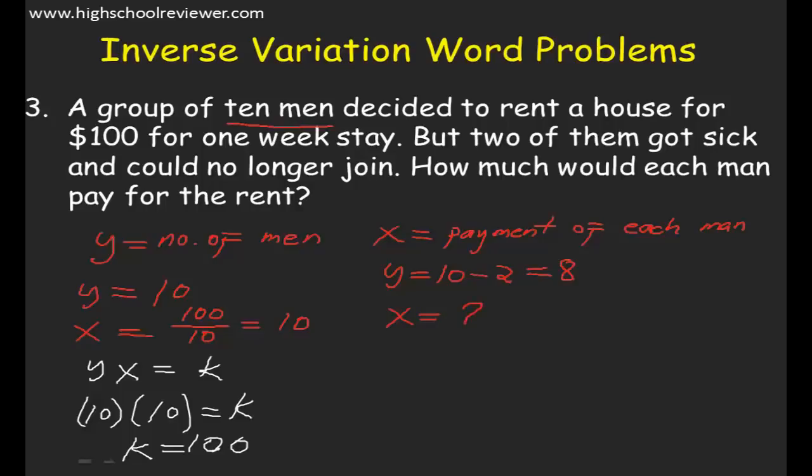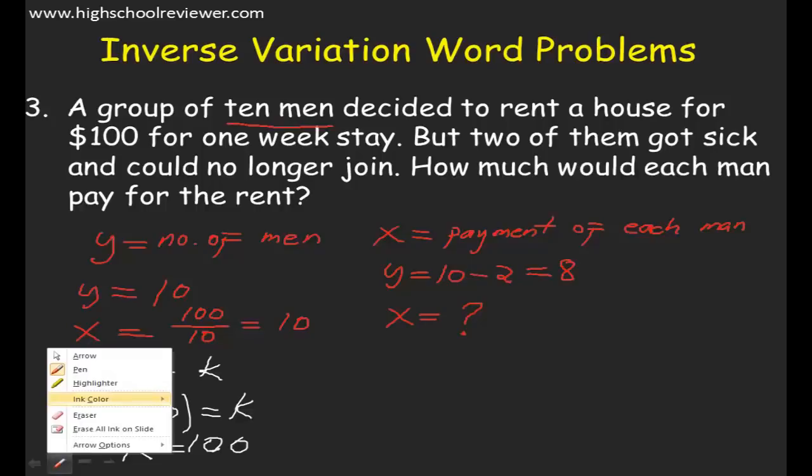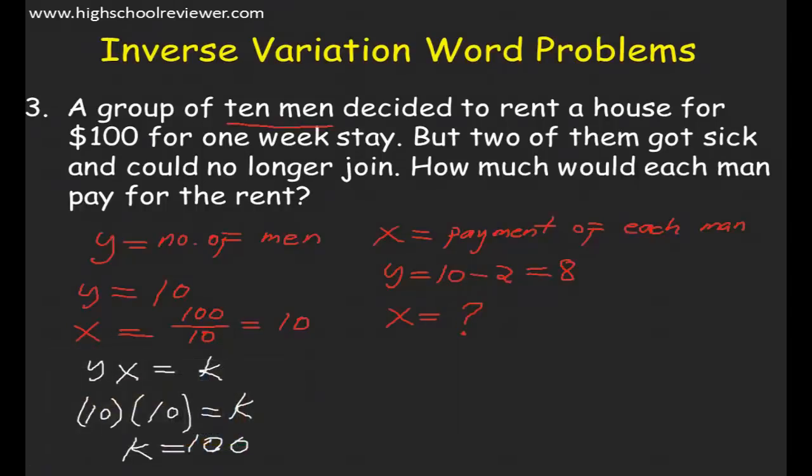So let us find the value of x. Again, our equation will be y multiplied by x equals k. Our unknown is x, and the value for y is 8. Our k is 100.